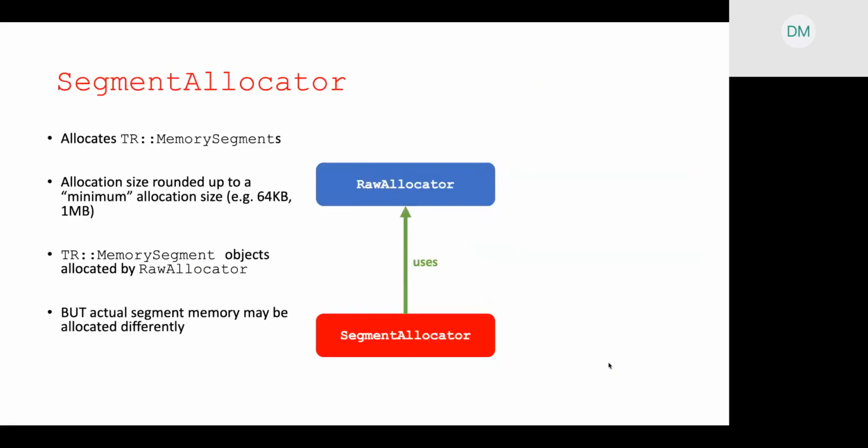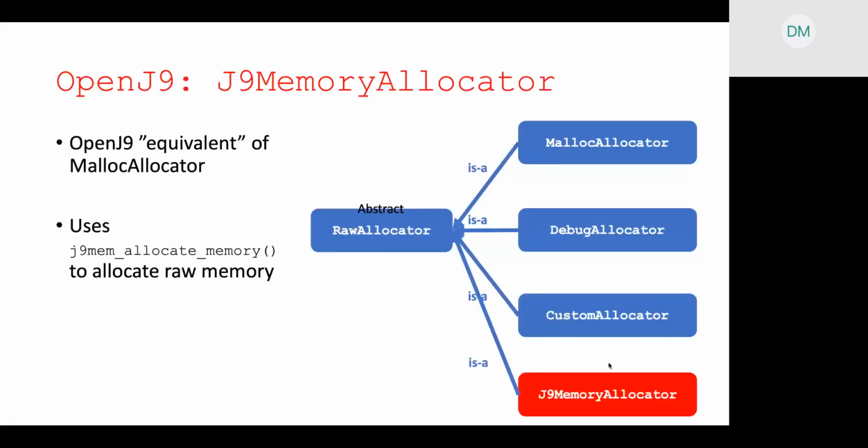So how does the J9 debug version then work? It doesn't. It uses the debug allocator, and it currently uses the debug allocator. I believe, I'll have to go and check this now that you've asked.